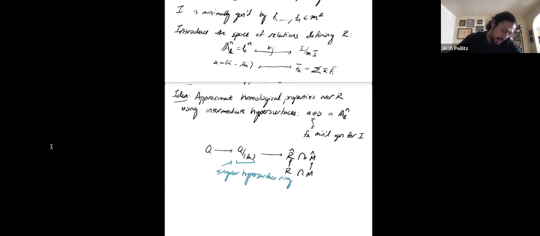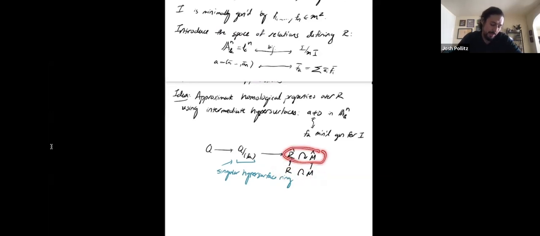And so what you're interested in doing is studying homological properties of M over R, and you might pass to the completion along this faithfully flat map and try to study the properties of M hat over R hat and see what you can say, maybe things like Betti numbers or growth of Betti numbers and whatnot. And I guess the point is homological algebra over just arbitrary rings can be quite complicated, right? I mean, we don't expect very nice properties in general.